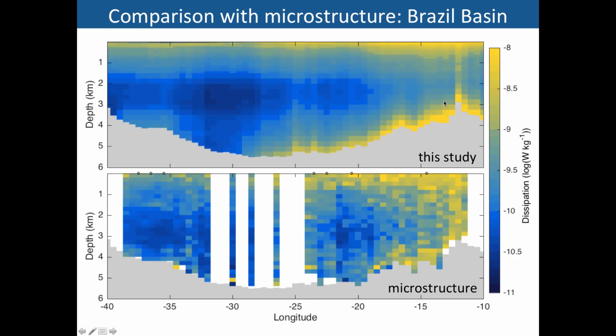And at the top, you have the same transect predicted by the parameterization. In general, what you find is that the parameterization does a fairly good job at reproducing the contrast between the eastern and the western Brazil Basin, and also the contrast between the abyssal and the upper ocean.